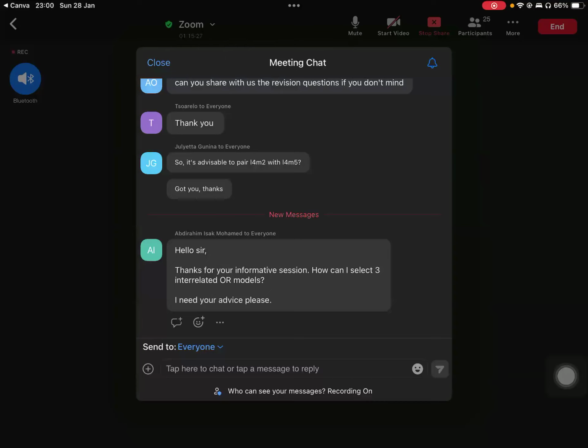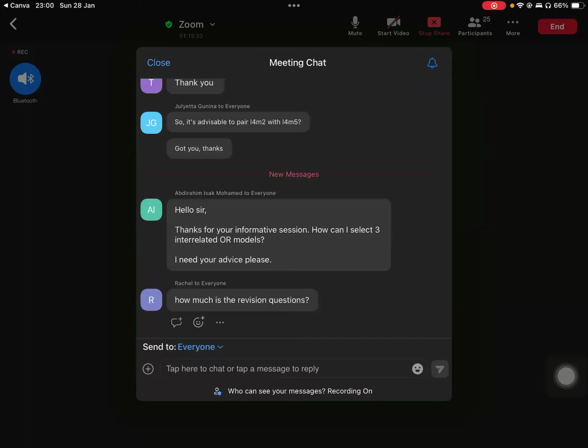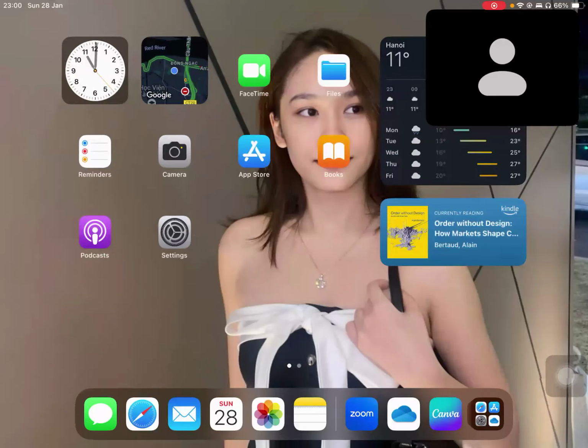Abdirahim, how can I select three interrelated OI photos? I need your advice, please. Actually, it requires you to understand the relationship between the modules. For example, with level 4, I know this pretty well.